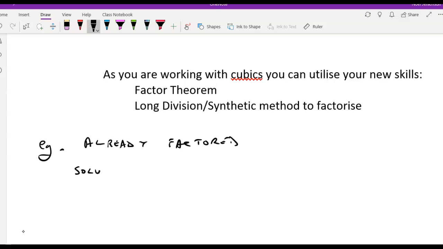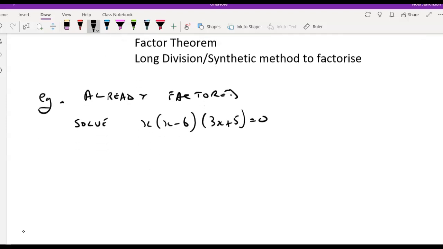So solve x(x minus 6)(3x plus 5) equals 0. We're utilising the null factor law, so any of those three factors could equal 0. This is a good one because that first one is just x by itself, which tells us that x is 0, and some students sometimes miss that solution.